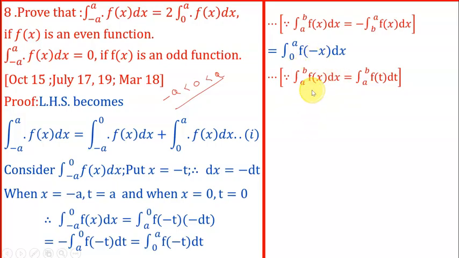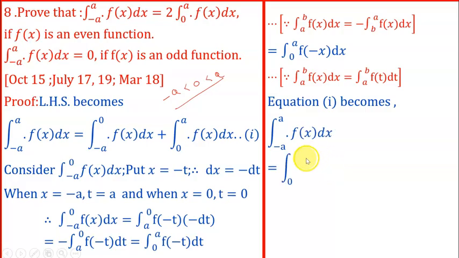The integral from a to b of f(x) dx is equal to the integral from a to b of f(t) dt. Therefore this equation 1 becomes, we will replace here, the integral from minus a to plus a of f(x) dx is equal to the integral from 0 to a of f(minus x) dx plus the integral from 0 to a of f(x) dx.